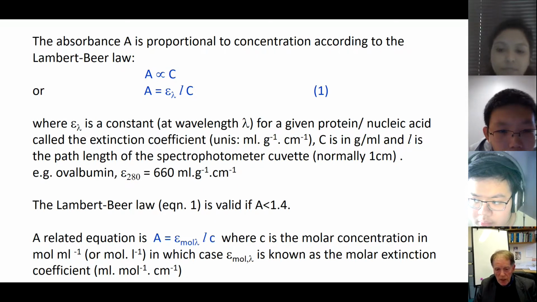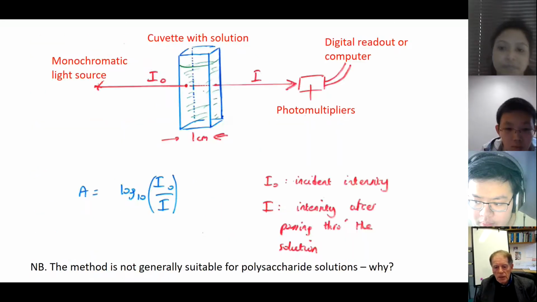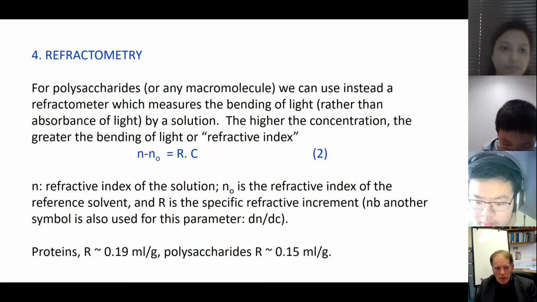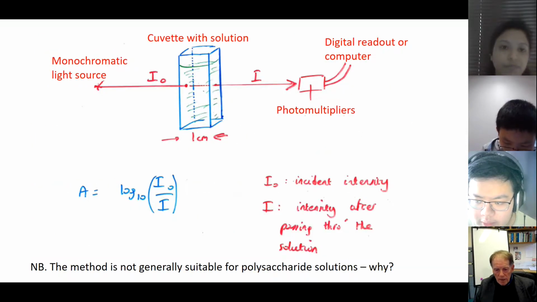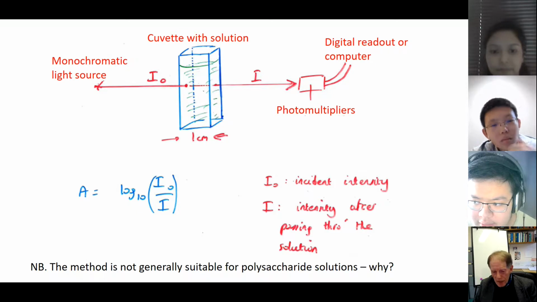Similarly, if your protein is colored, like myoglobin or hemoglobin or cytochrome C, then we could also use the spectrophotometer in the visible region to calculate concentrations in addition to 280 nanometers. But can you just adjust the wavelength of the light source to where the polysaccharides can absorb? That's absolutely correct.